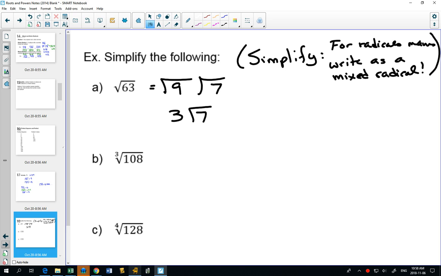Okay? With 64, can you see that 64 times 2 is already bigger than 108? So with your perfect cubes, you only really have 2 that you have to check. Can you do 27 times something to get 108? 27 times 4?